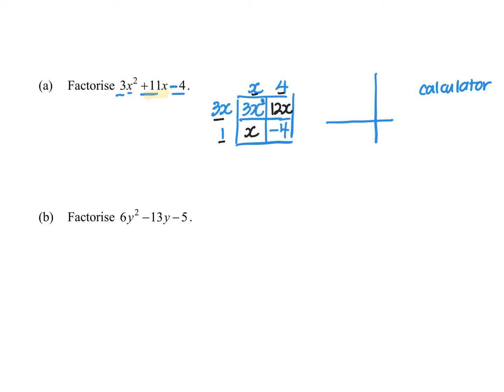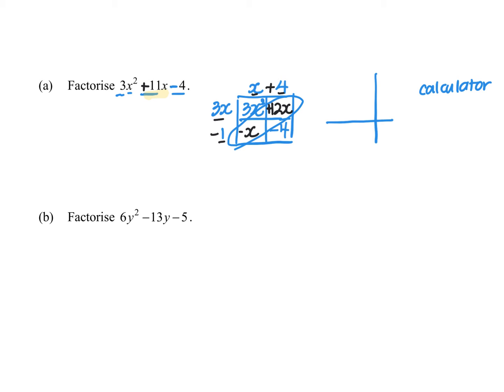Since I want a positive 11x, I'll bring the positive sign to the larger number and negative sign to the smaller number, such that these 2 terms over here add up to 11x. And if this is the case, this will be positive 12x, and this will be minus x.